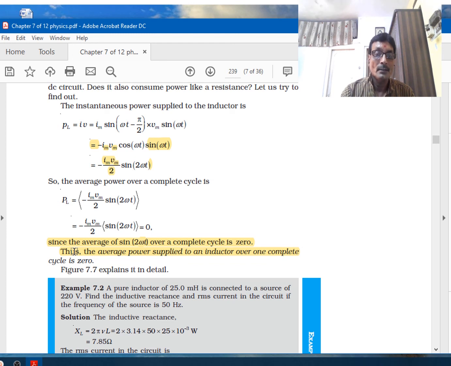It means what? A fully charged inductor will transfer back into electric current again, and it will be 0. And these things we will learn in AC generator also.